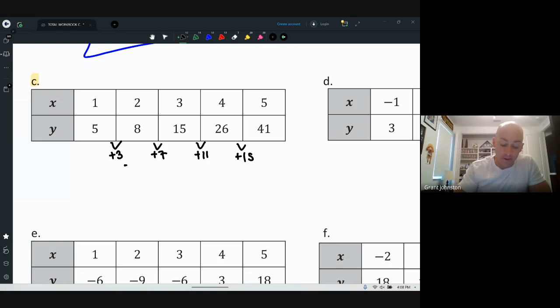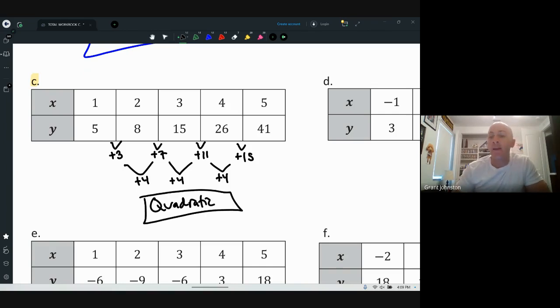So the first difference goes plus 3, plus 7, plus 11, plus 15. But the second difference is, look, plus 4, plus 4, plus 4.